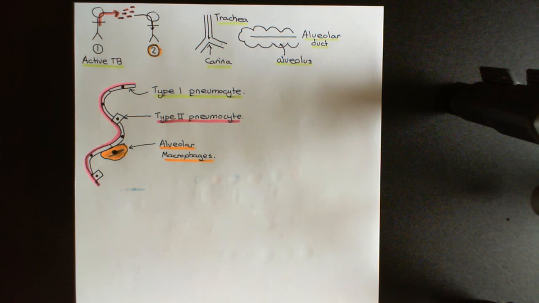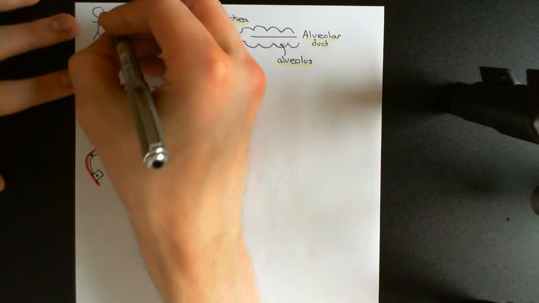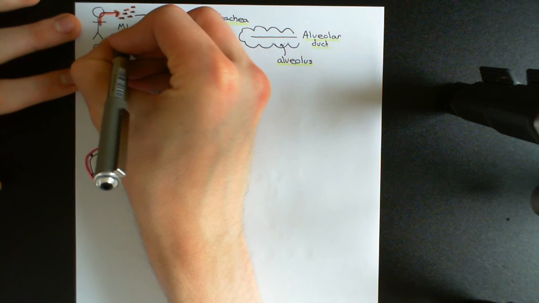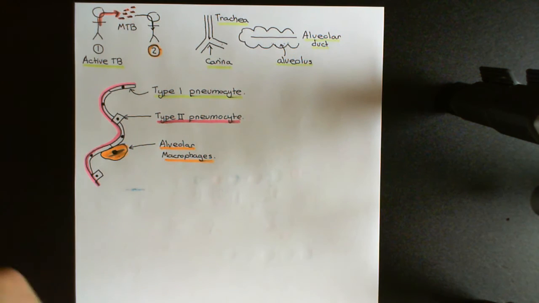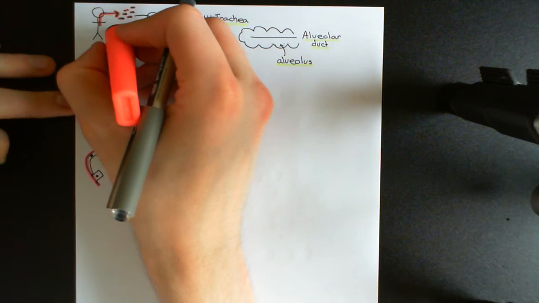Okay, so those are important cells for us to be aware of, because they are going to be the first cells to realise that there is something very, very bad in the alveoli when we breathe in these Mycobacterium tuberculosis cells. Okay, so back to the story then. Once again, here are the Mycobacterium tuberculosis cells, and we have breathed them in, and now they are coming into our alveoli.